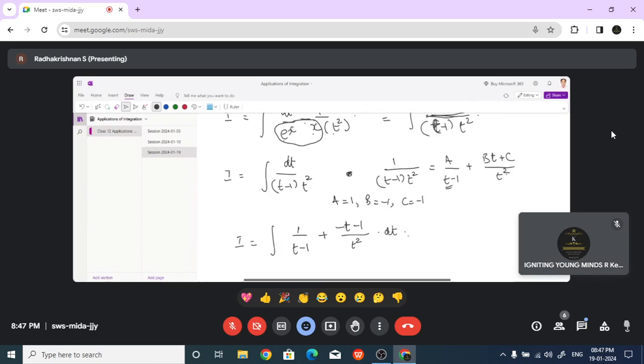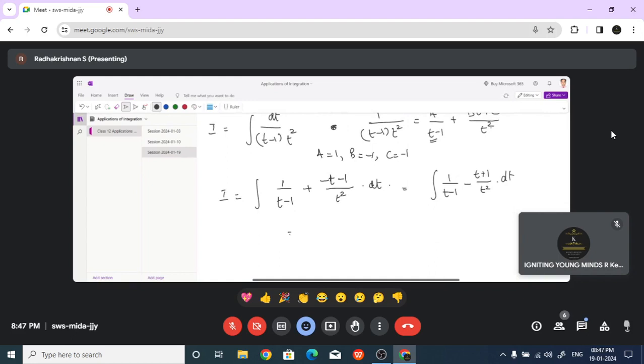Or we can write it as 1 by t minus 1 minus (t plus 1) by t square. We can split this into three: integral of 1 by t minus 1, minus t by t square, which is 1 by t, minus 1 by t square. Now we can solve each of them.